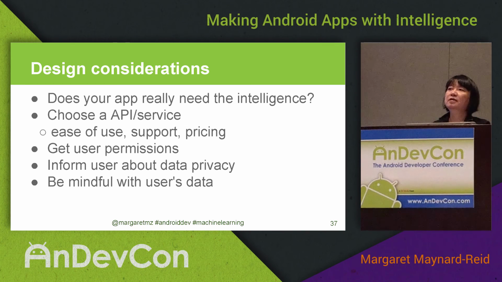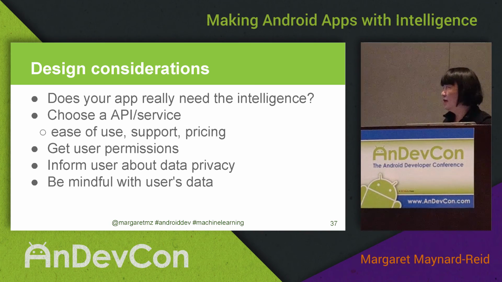Also, in choosing an API service, look at the ease of use. As some of the examples I talked about earlier, some examples you have to write your own code to do the REST API calls. Some of them, for example, the Google Play services, I find that's a really great example of mobile vision API where one API can do detection on face and barcode as well as text, which you don't have to worry about your performance, how many API calls you're doing, because the Google Play services already handle that for you.